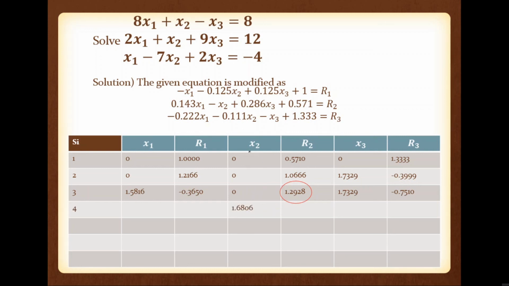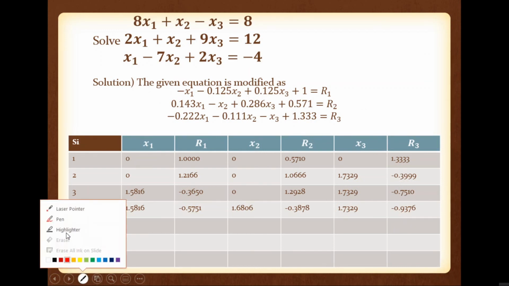1.6806. Now copy x1 and x3. So x1 is copied, x3 is copied. Now find the new R1, R2, R3 values. Okay, so what are the values of R1, R2, R3? R1 is minus 0.5751, R2 is minus 0.3878, R3 is minus 0.9376, right?